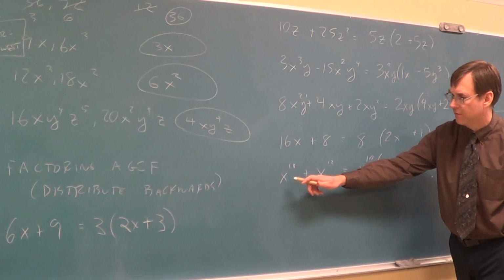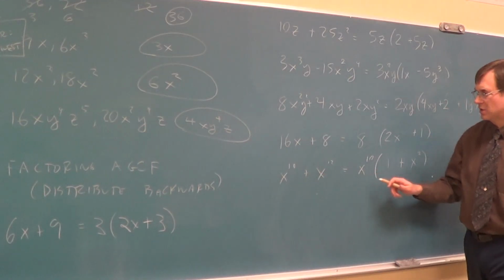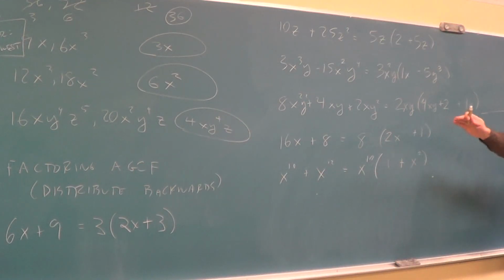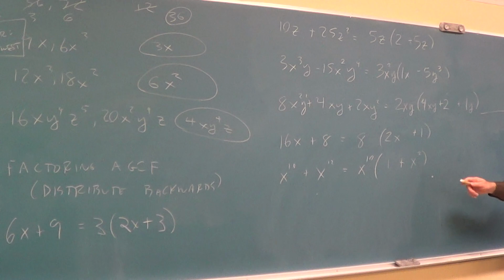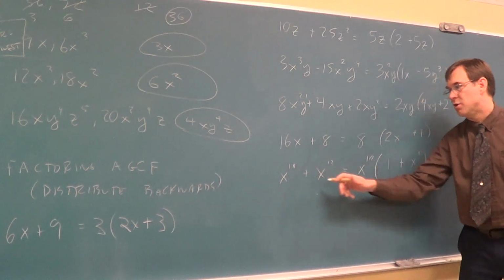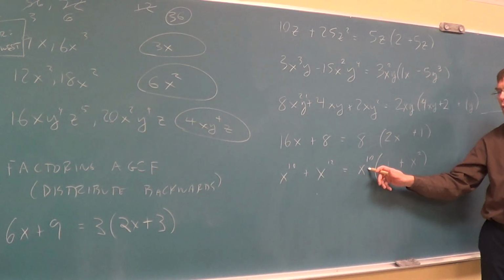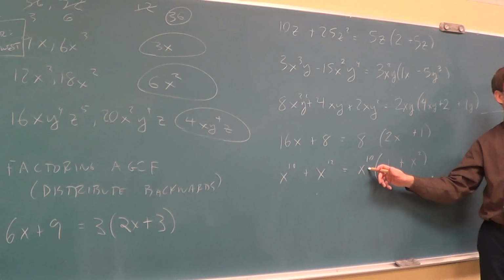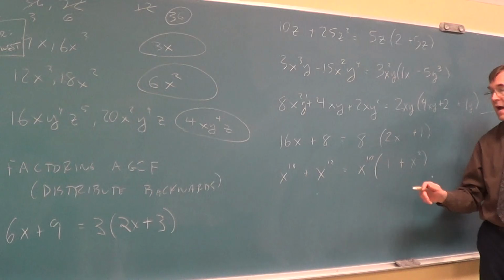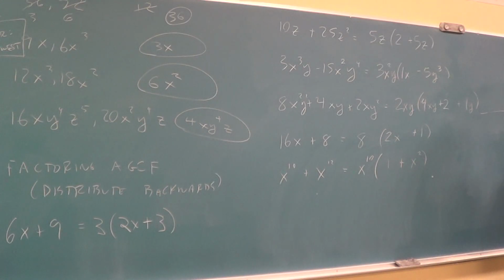So her idea of invisible 1s, it was necessary. Everywhere there used to be something, there still has to be something. What we're doing is dividing, which if there's powers makes us subtract.